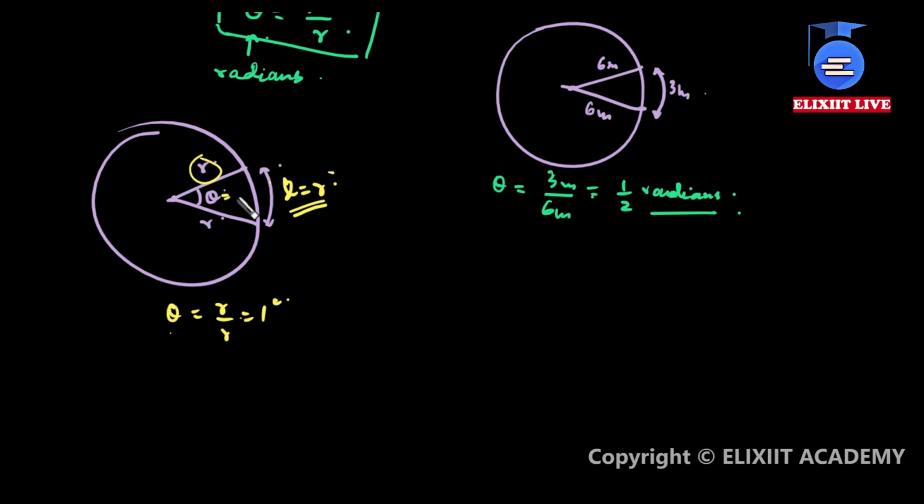Then only we will consider this to be 1 radian. If radius and arc length are both equal, then only theta is equal to 1 radian. Okay, this is the visual representation of your radian measure.